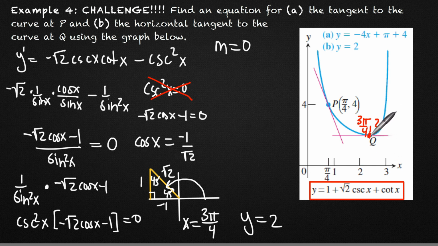So if this is the point 3 pi over 4 comma 2, then the horizontal line that goes through this point is simply y equals 2. So that is the answer to part B.